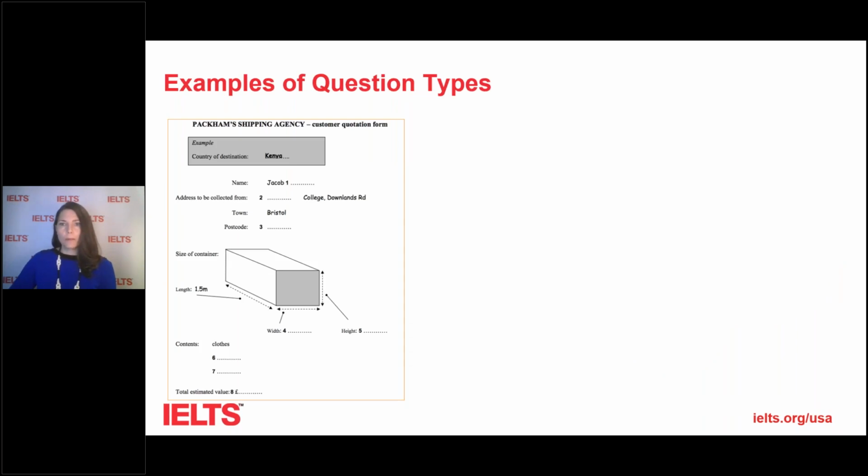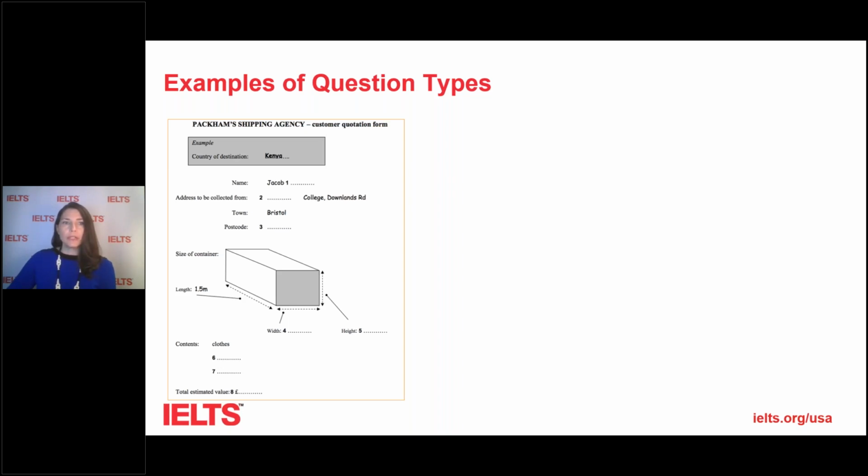So here we have form completion. So you might be given a form, and there might be a discussion between 2 people, one who's wanting to ship a package somewhere. And as you listen along, you'll be filling out this form. You might also be asked to complete a table or some kind of flow chart, or you might be asked to complete some short answers.